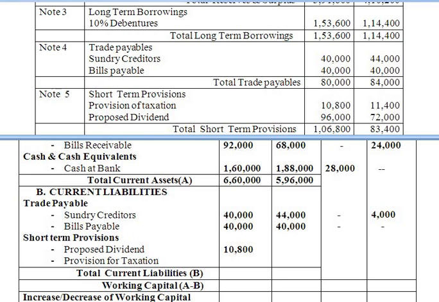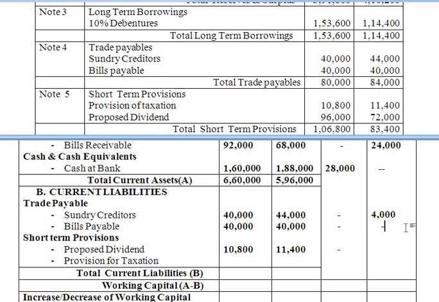So provision for taxation in 2018 is 10,800 and in 2019 it is 11,400. Again there is an increase in the liabilities. Increase in the liabilities leads to decrease in working capital.